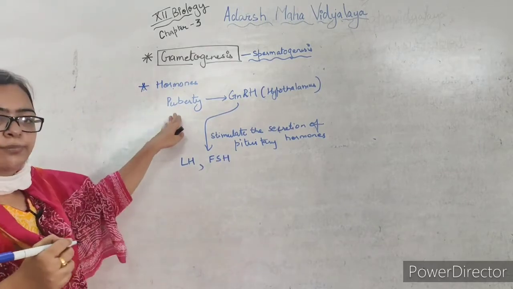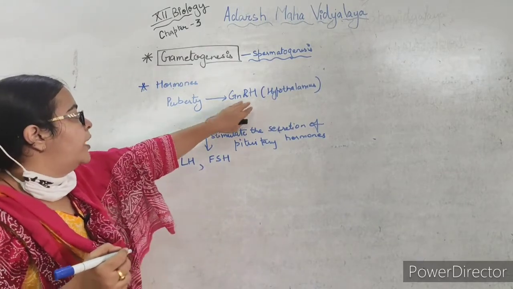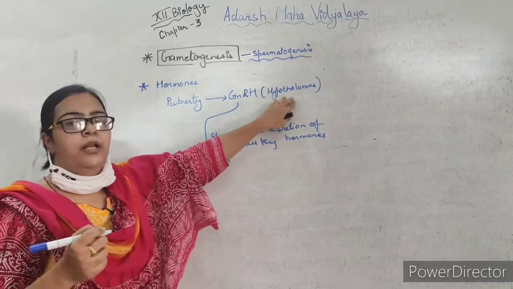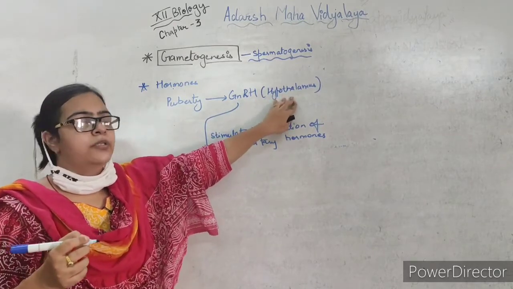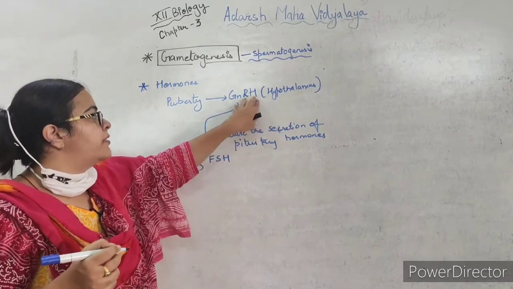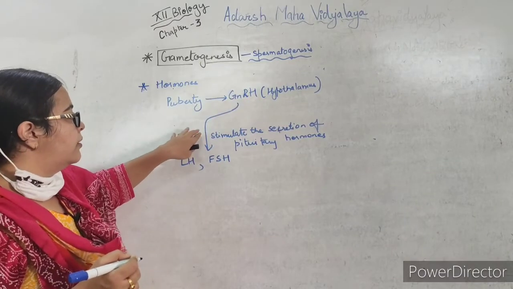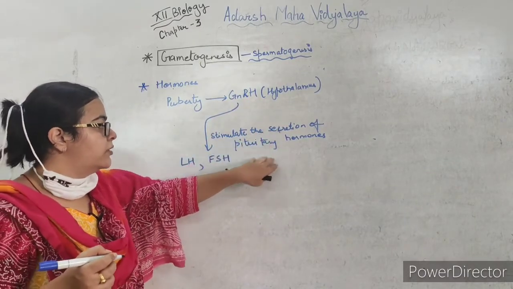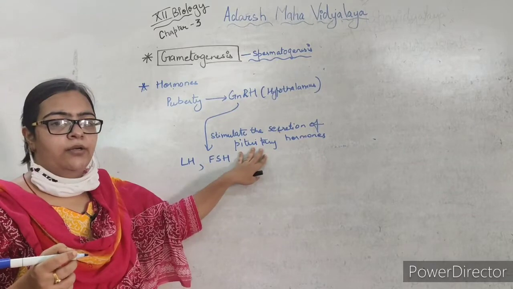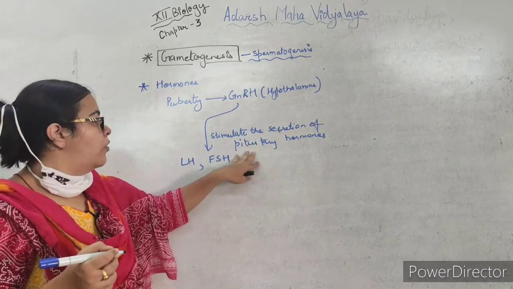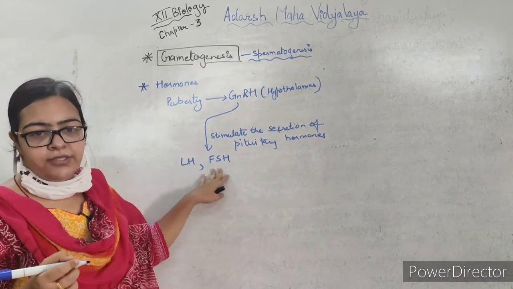Okay, first at puberty the release of gonadotrophins will occur from the hypothalamus of the brain. Now these gonadotrophins will help in the stimulation and secretion of certain hormones of the pituitary gland. So the pituitary will now form LH and FSH.